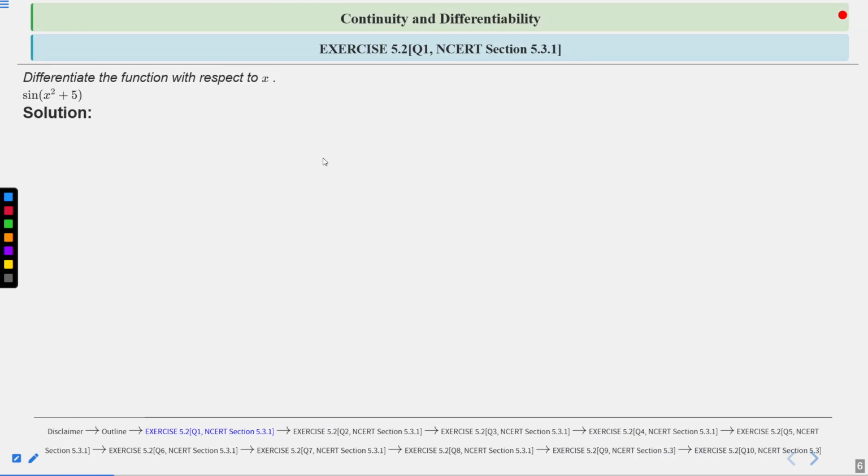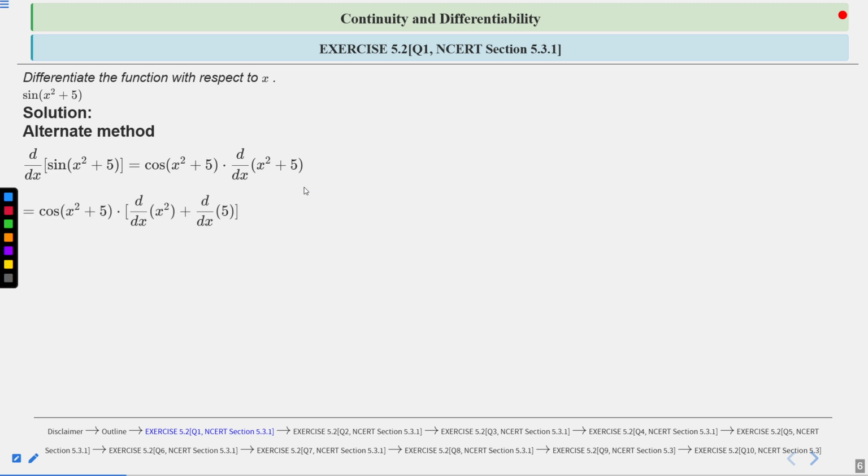Okay, let us discuss the next question. Now let us see an alternate method of the previous question. You can directly differentiate d upon dx of sine of x square plus 5, which will be equal to, by using chain rule, cos of x square plus 5 into d upon dx of x square plus 5, right? So the previous method was very lengthy.